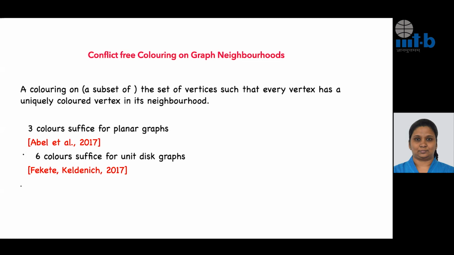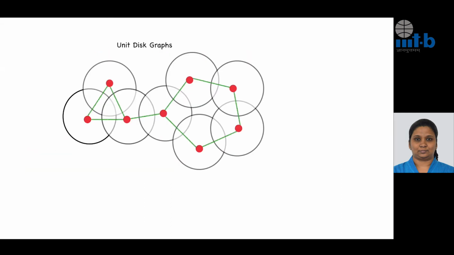So unit disk graphs are not planar graphs; they can be very dense graphs also, but they proved that 6 colors suffice. So maybe I should say something about unit disk graphs. Unit disk graphs are again a geometric graph that was well studied, and one reason for that being popular is that it has a lot of applications in communication networks.